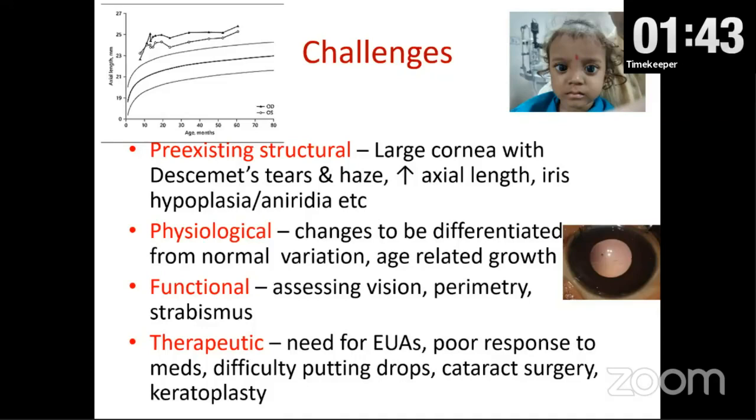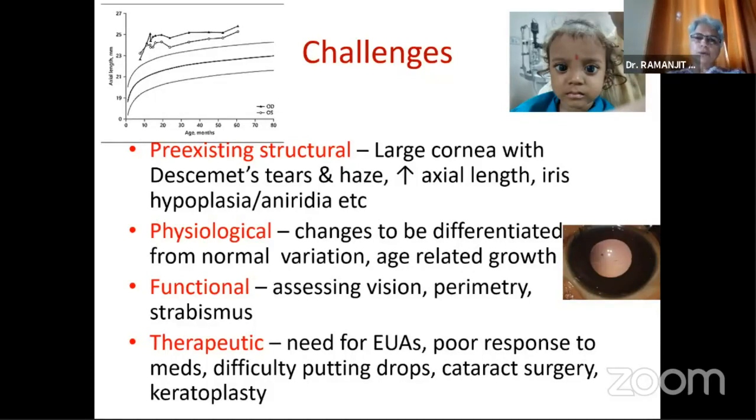So if you have an IOP which is 20 and it's going to cause some increase in the axial length, some increase in the corneal diameter, this is going to be additional to what is happening with normal growth. We also have problems in assessing the functional damage that we start with because we can't assess vision or perimetry. Strabismus is a very common occurrence in these patients over time.